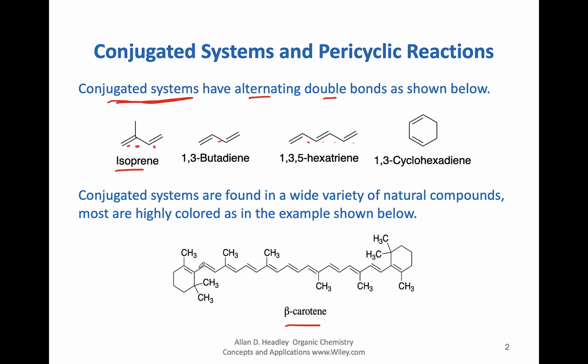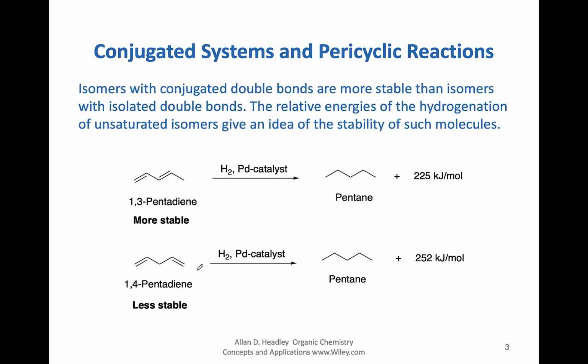And of course, that gives it a highly colored observation. So conjugated double bonds are typically highly colored compounds, or should I say compounds that have conjugated double bonds are typically highly colored compounds.